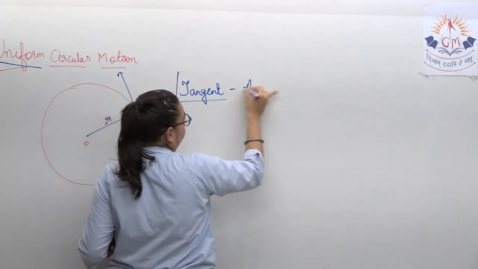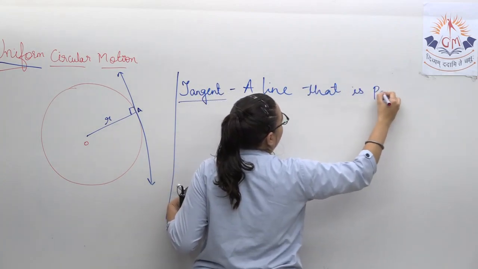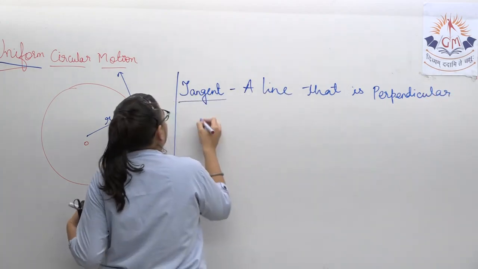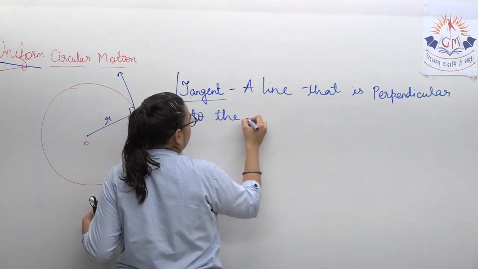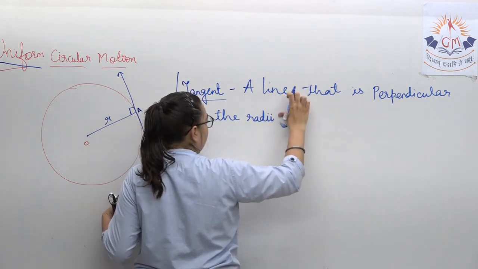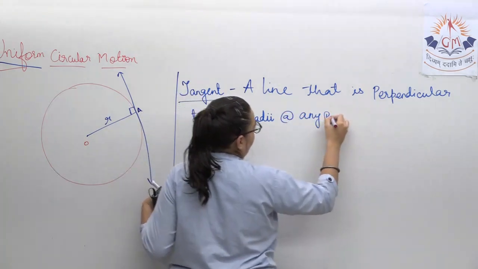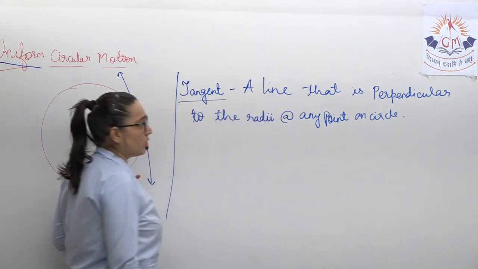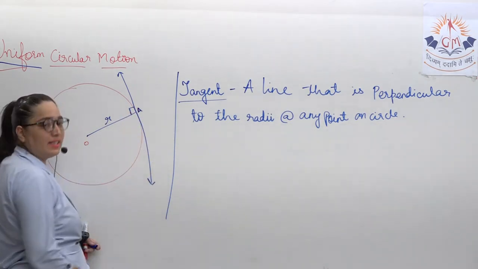A line that is perpendicular to the radius at a particular point on the circle. So, this is what a tangent is.